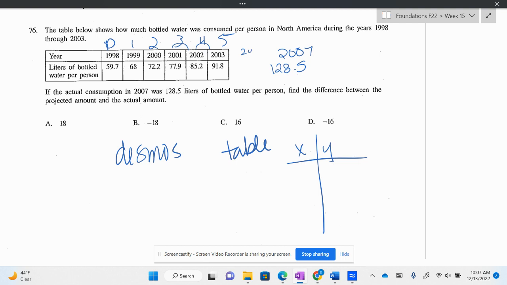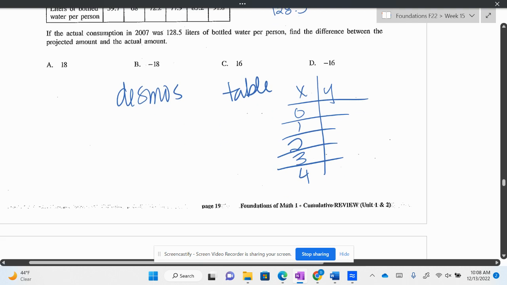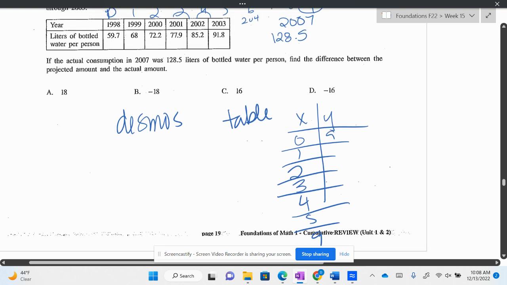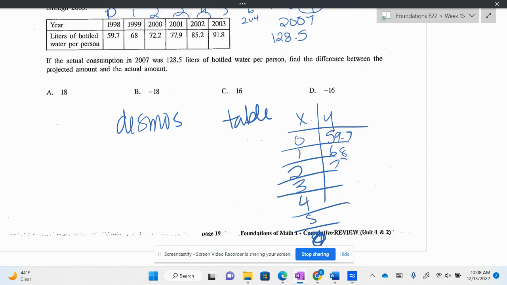So 2004 would be 6, 2005 would be 7, 2007 would be 9. So 0, 1, 2, 3, 4, 5, and just put in your numbers. So 59.7. Actually, don't put that 9 in.